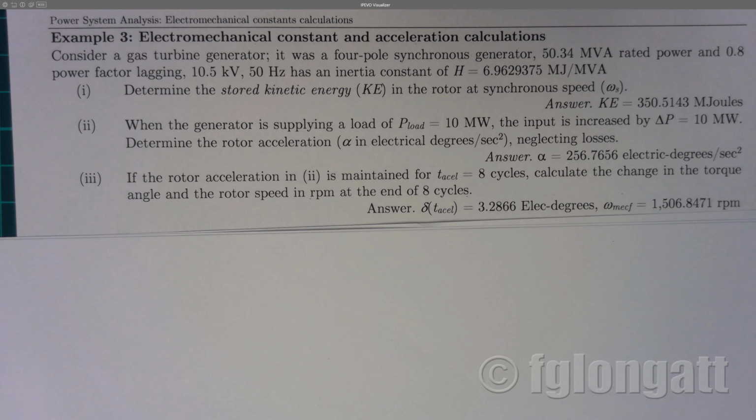In this case, we neglect any kind of losses, electrical losses, and mechanical losses like friction and so on. And finally, there is a third question. If the rotor acceleration in question 2 is maintained for 8 cycles, and remember we are using 50 hertz, calculate the change in the rotor angle and the rotor speed in RPM at the end of 8 cycles.